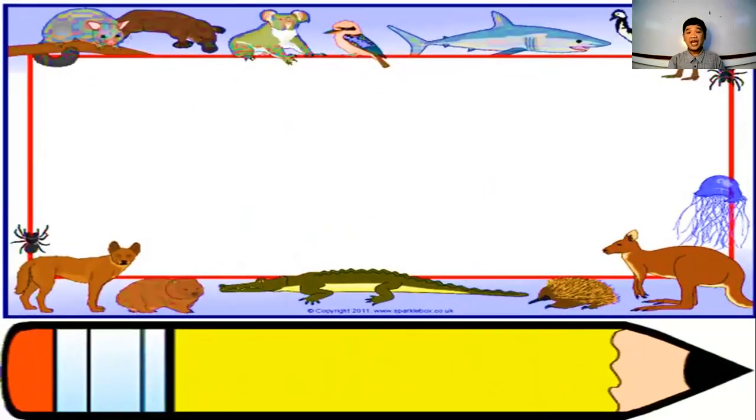So this time, before we end our lesson, I am going to show you a picture of body parts of an animal, and then you have to identify and give me the name of the body part of an animal. Okay, are you ready? Okay.